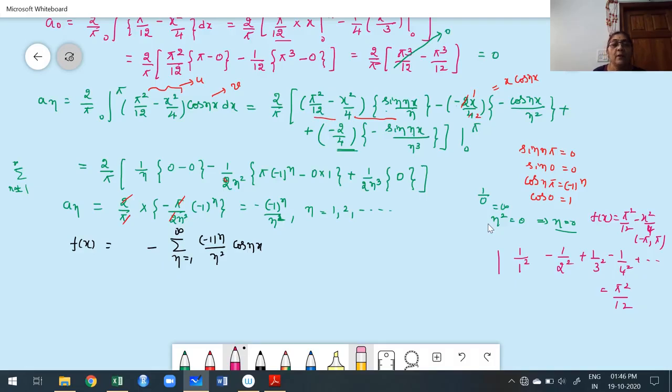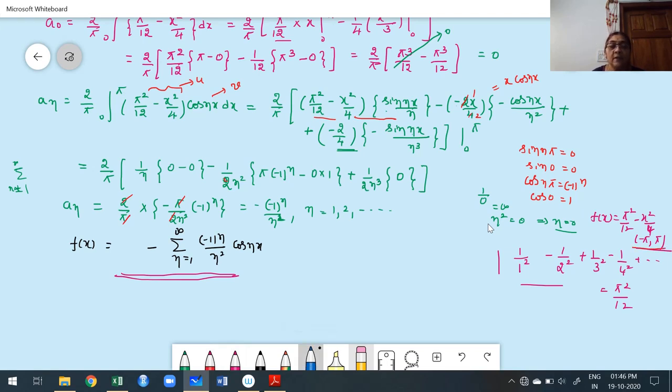Okay, fine. Now the Fourier series expansion is over. But to deduce this, I have to choose a particular value of x to find the required deduce part. We can't take just any value of x. The value of x we choose must be in the corresponding interval, which is minus pi to plus pi.